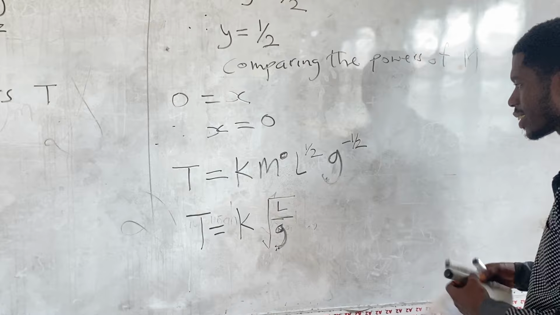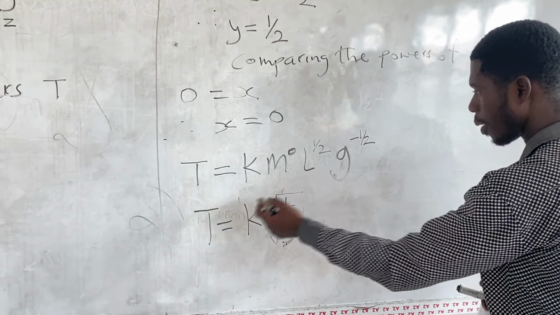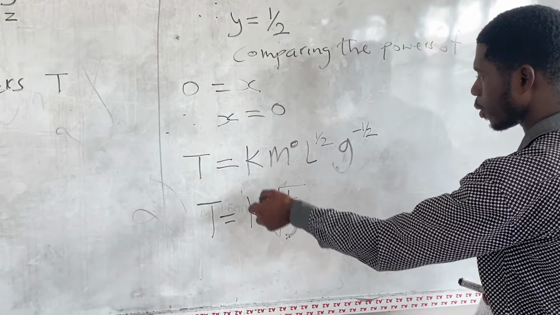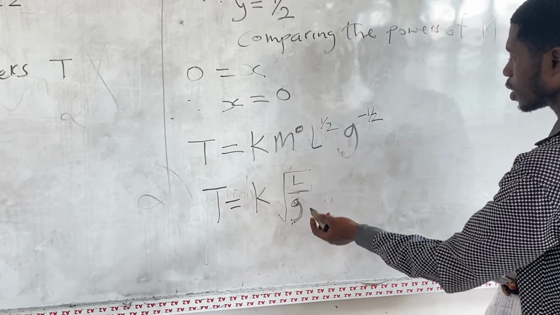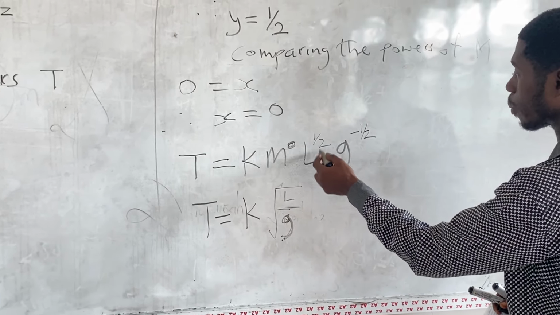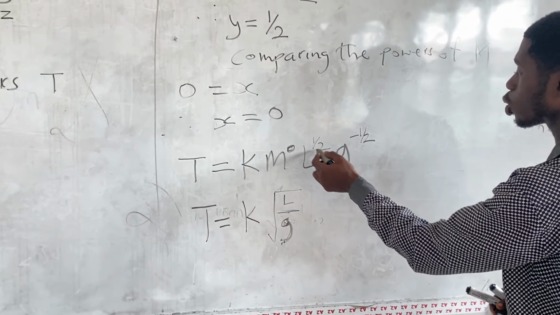So writing this properly, T equals K constant, M to the power 0 is 1, so it will vanish. L to the power half: because of the half, you introduce square roots so that you can put the L inside. The G is also having half, so you introduce square roots.